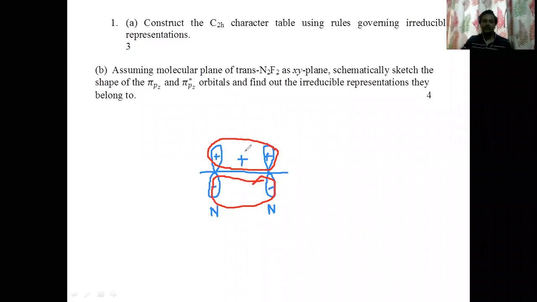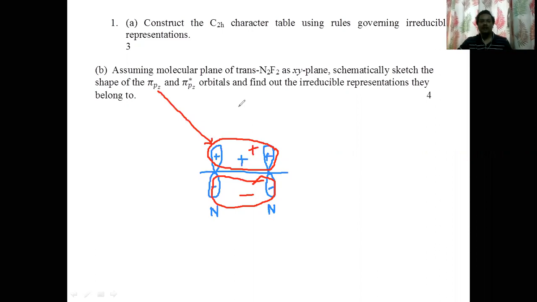So the resultant is going to be plus on one side and minus on the other. I hope you have learned this much in BSc. Even if you have not, Rokshit might have already discussed this in the LCAO approach, like if you are taking two s orbitals for H2, one is A, one is B, then you just do the combination. So that is the plus combination, that is pi PZ.